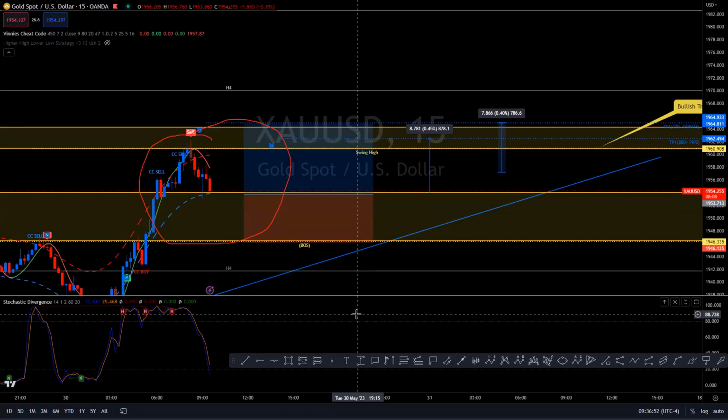I'm going to see it stick out of that Bollinger Band. The cheap code buy, that's what I want. We have a little bit over 7 minutes before that news candle closes.